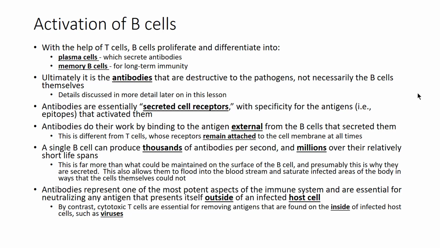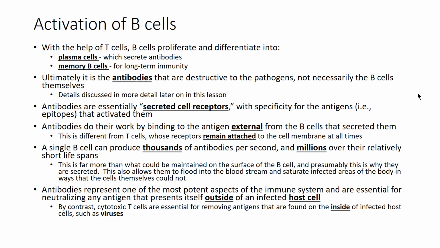Ultimately, antibodies play a role in clearing things that are external to the cells. So viruses, by contrast, can stay inside the cell. They can be both inside and outside. But once a virus leaves an infected host cell and migrates outside of it, antibodies can start to bind to the virus and neutralize it in that particular context, outside of a cell.